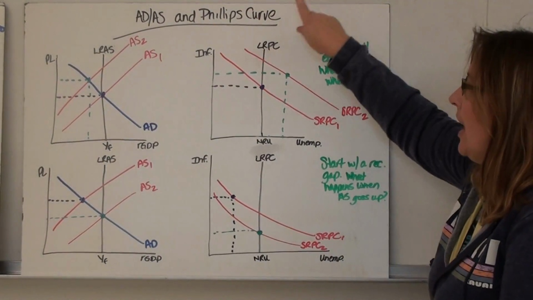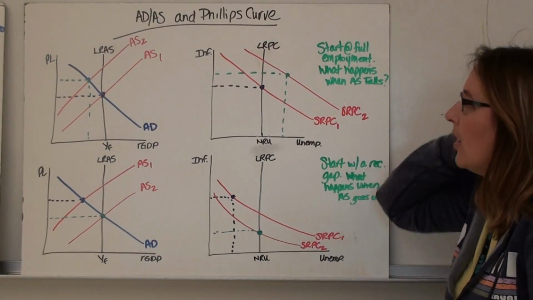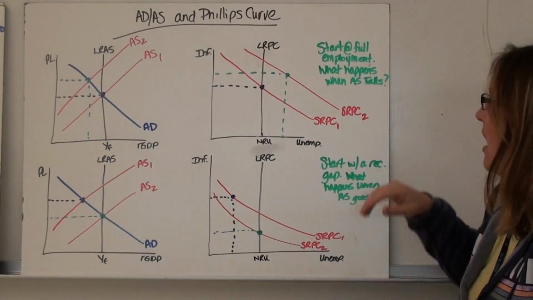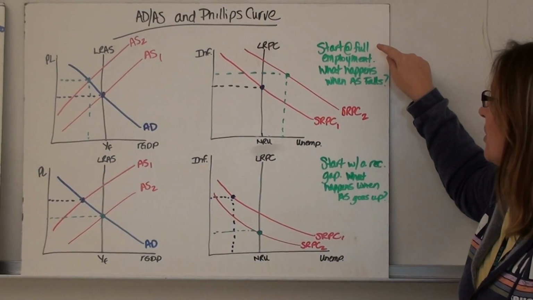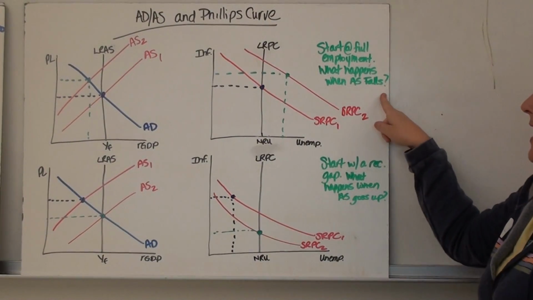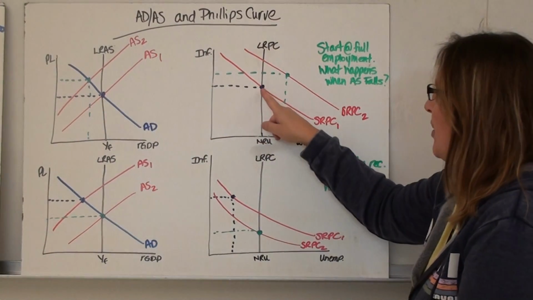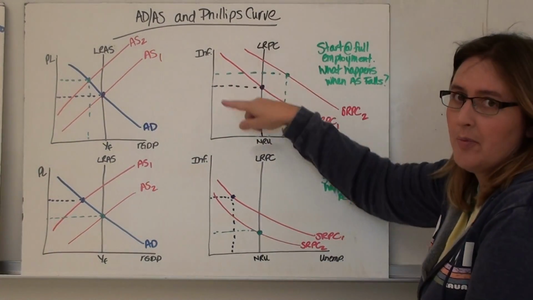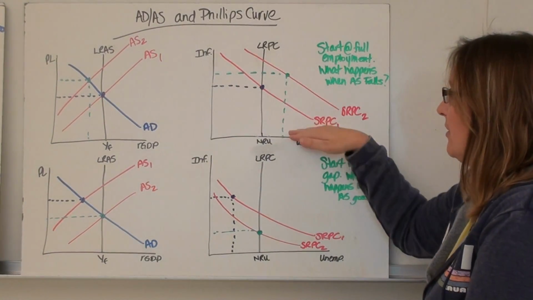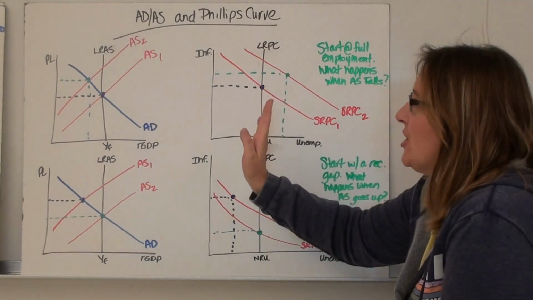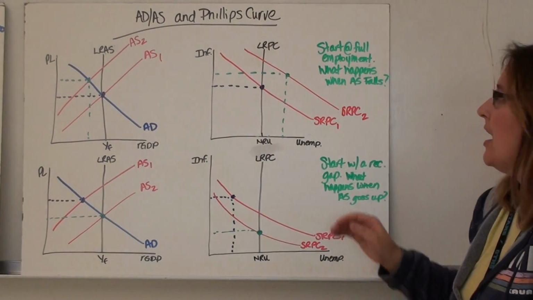Last thing to look at here, ADAS and the Phillips curve. Now we're going to move AS. If we start at full employment, what happens when AS falls? We're here at full employment for ADAS, and here's the purple, this is full employment for the long-run Phillips curve. And I shift AS back to the left.